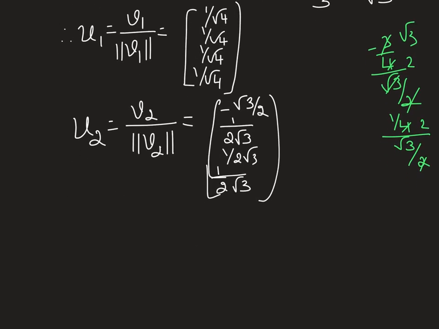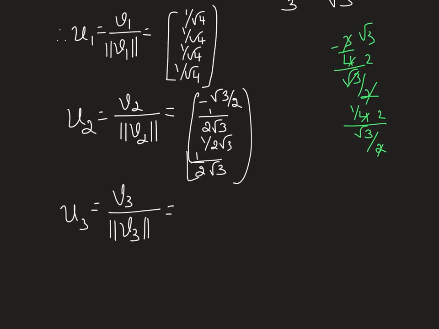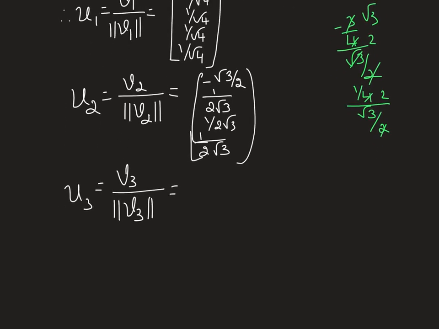Similarly, we find the third vector U3, which is V3 divided by the norm of V3, where the norm of V3 is root 2 by 3. In V3 we have 0, and 0 divided by anything is 0. For the second, we have minus 2 by 3 divided by root 2 by 3, so it gives minus root 2 by 3.